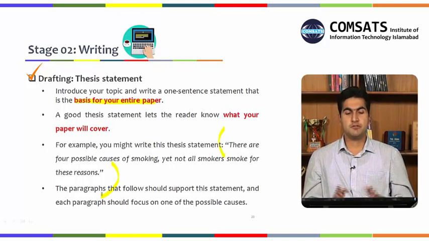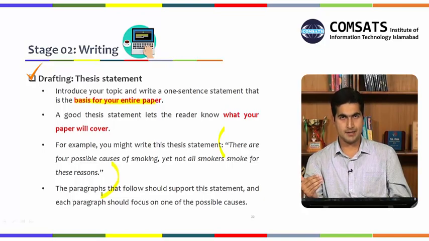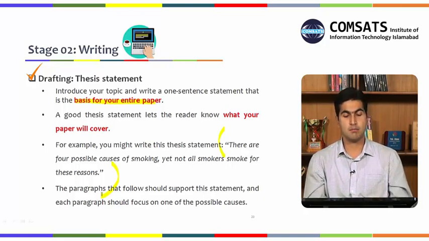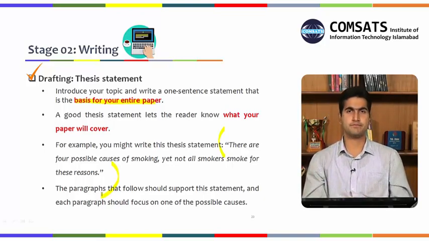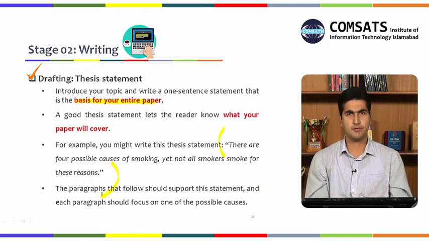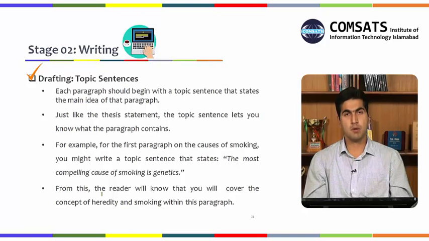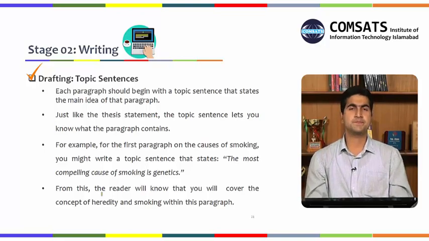Now, this statement itself is very clear and has set the foundation of what's coming ahead within the text. That is how you are supposed to structure your thesis statement, letting the readers know what the whole content is about. And afterwards, you're going to have paragraphs. Within these paragraphs, some other points are supposed to be there that we'll be discussing one by one. The first point is that every paragraph should have a topic sentence.